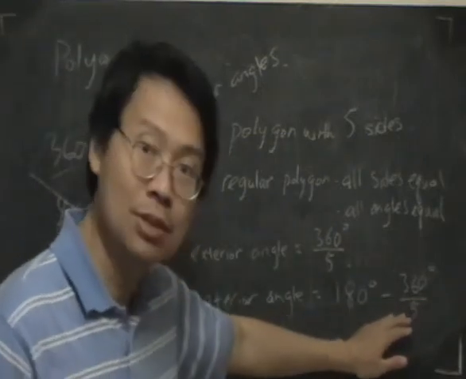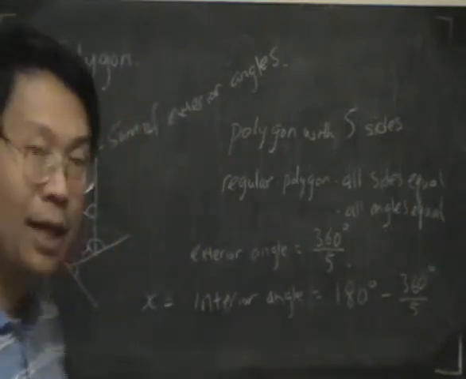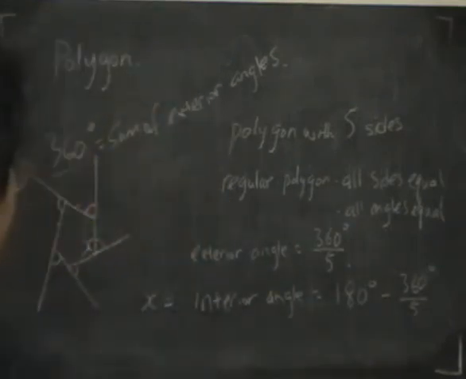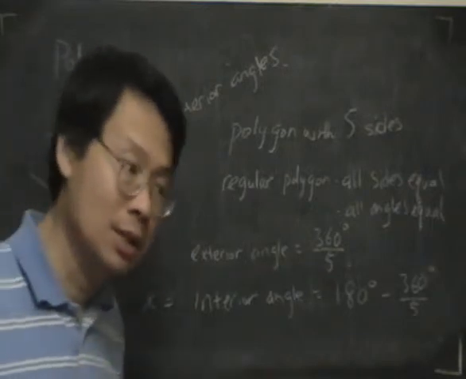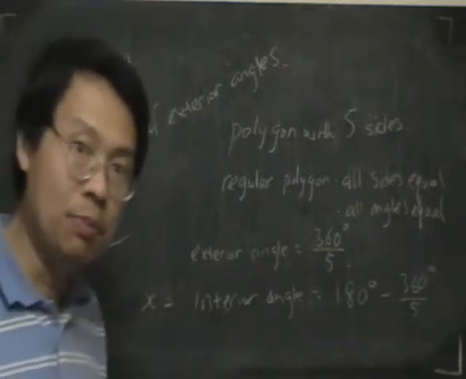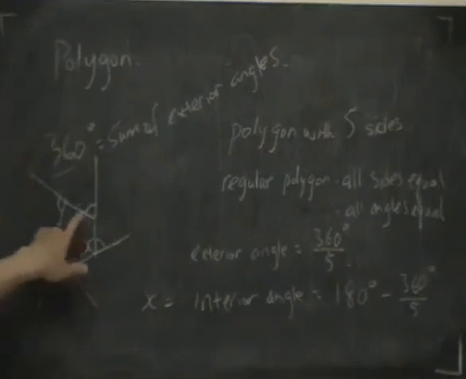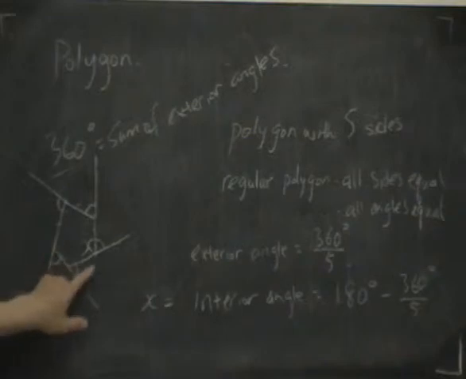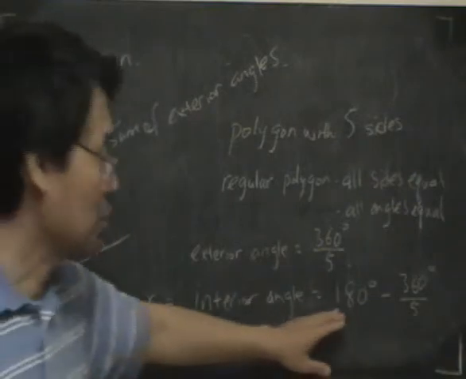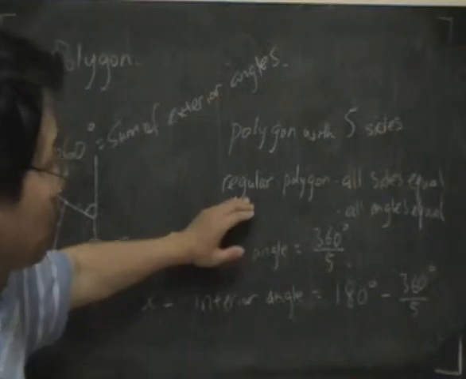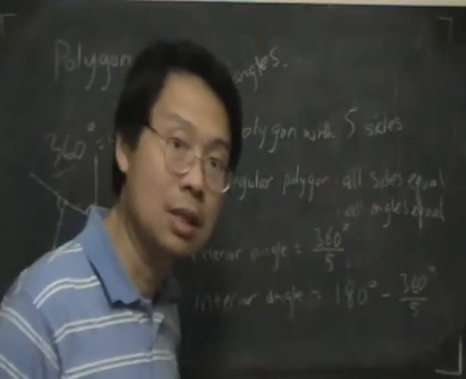Okay, you can calculate this quite easily by hand or with a calculator. Therefore, you can now find the sum of all the interior angles. Since this is a 5-sided polygon, there are 5 sides, all we need is to multiply this by 5, because we know that it's a regular polygon, so all the angles are equal.